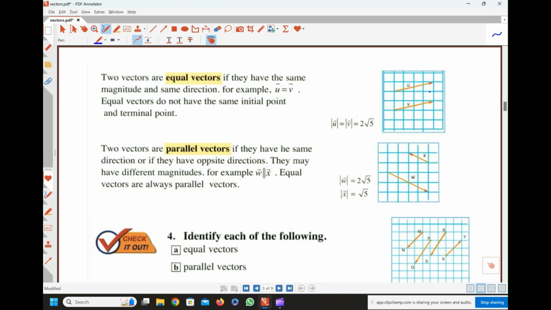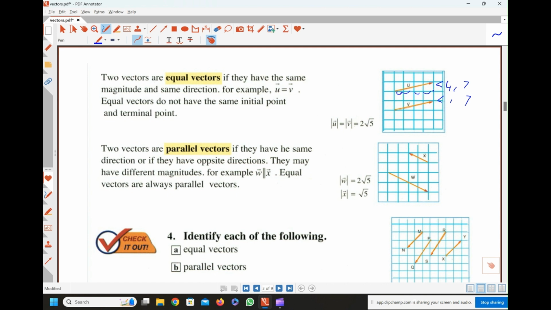If you can't find it out by eye, you can just write it in component form and see if they are the same. If you have the same component forms, the same numbers inside the angle brackets, then they're equal. So for vector u, how many units do you have to go to the right? 1, 2, 3, 4 units to the right.